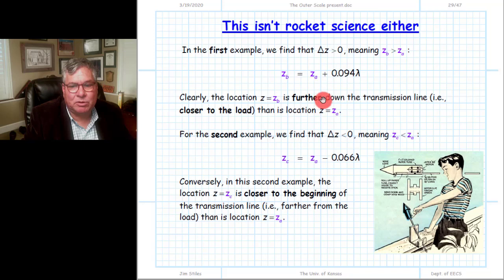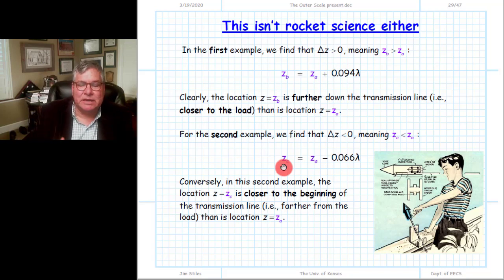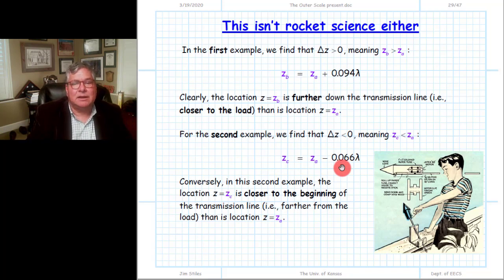In the second example, where the delta was negative, that means the location ZC is further from the load in the direction of decreasing z, since the value was negative. It is a location that is 0.066 lambda back from the load on the transmission line.